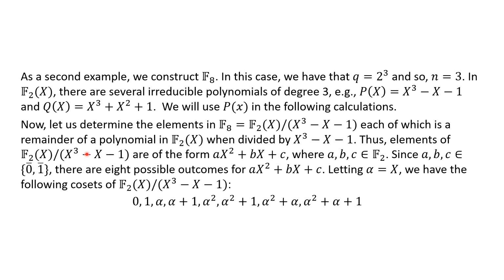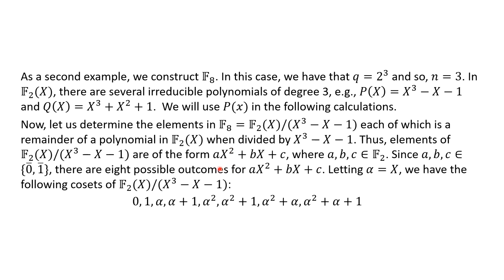The elements of this quotient ring are of the form ax squared plus bx plus c. Basically the remainder is of degree less than the irreducible polynomial, so it will be degree 2 or less.